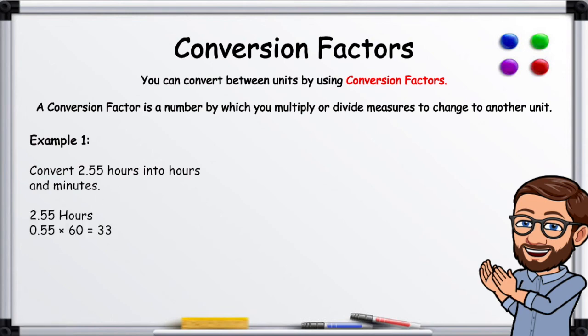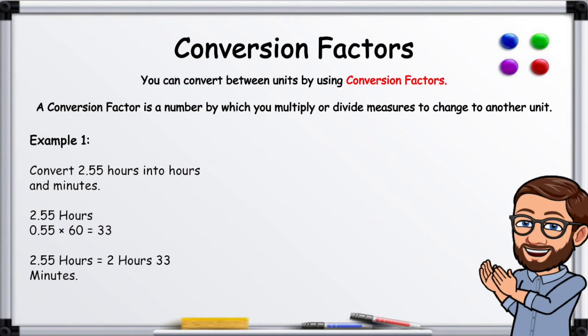So 2.55 hours. We've got 2 hours already. Now we need to know how many minutes the 0.55 is. So we times 0.55 by our conversion factor of 60 minutes in an hour, and that equals 33. So the answer is 2.55 hours equals 2 hours and 33 minutes.